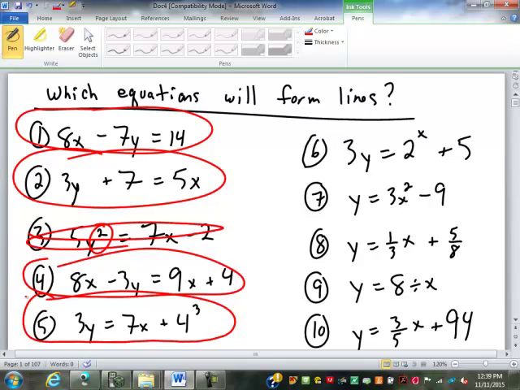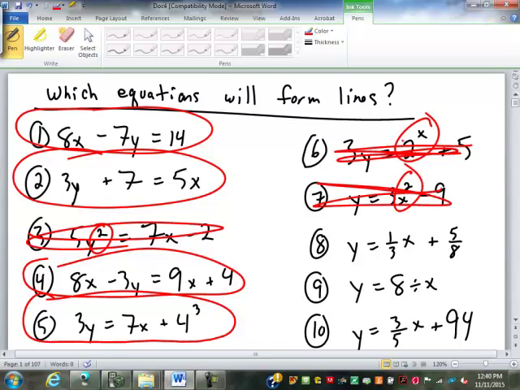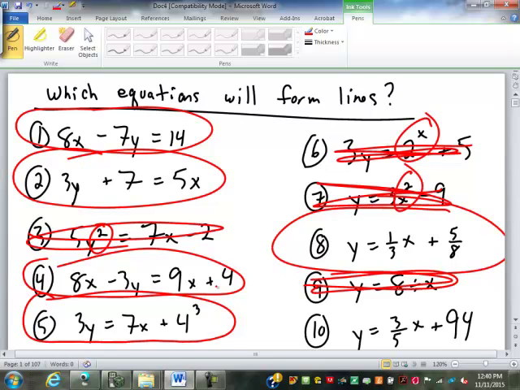So that doesn't disqualify. Number 6, no, why? X is a power. 7, no, because it's x squared. 8, 9, why not? Dividing by x. And 10? Yes, perfect.